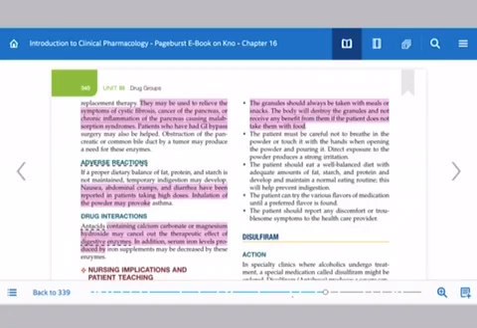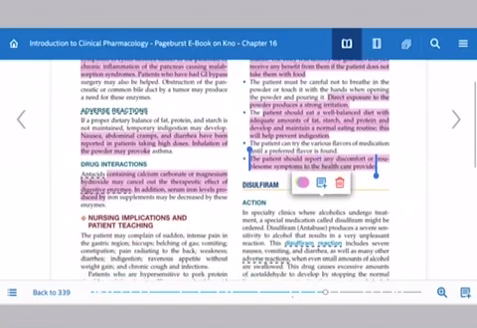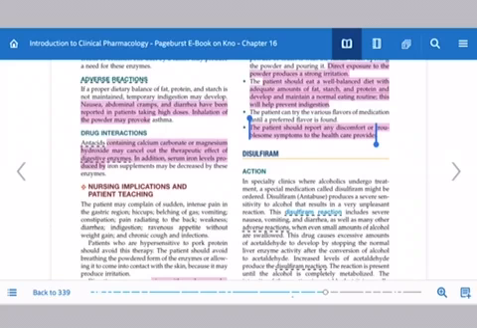Direct exposure produces strong irritation. Make sure they're eating a well-balanced diet of fat, starch, and proteins, maintaining normal eating habits, and the patient should report any discomfort.